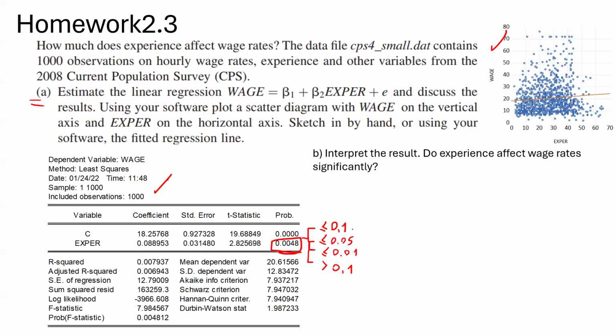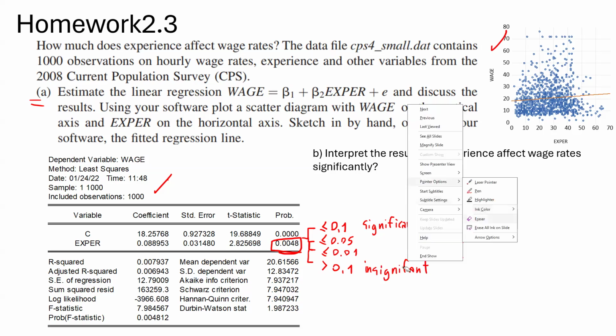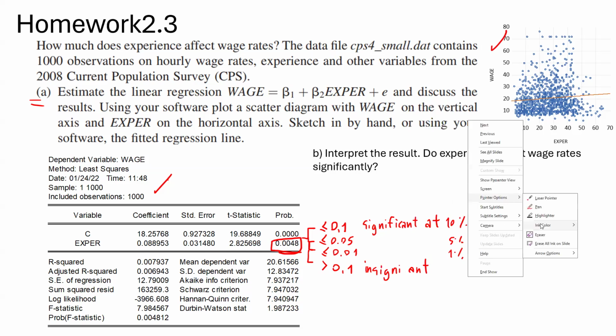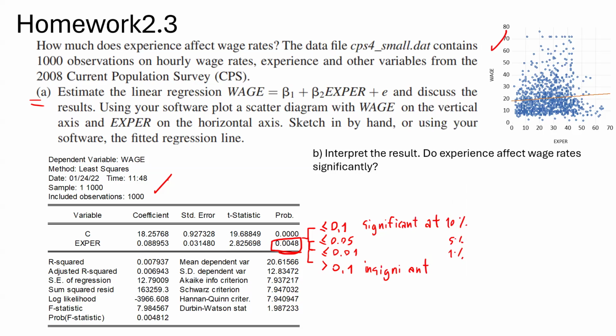If it's less than 0.1, you can say that it's significant at 10%, at 5%, at 1%, and otherwise insignificant.